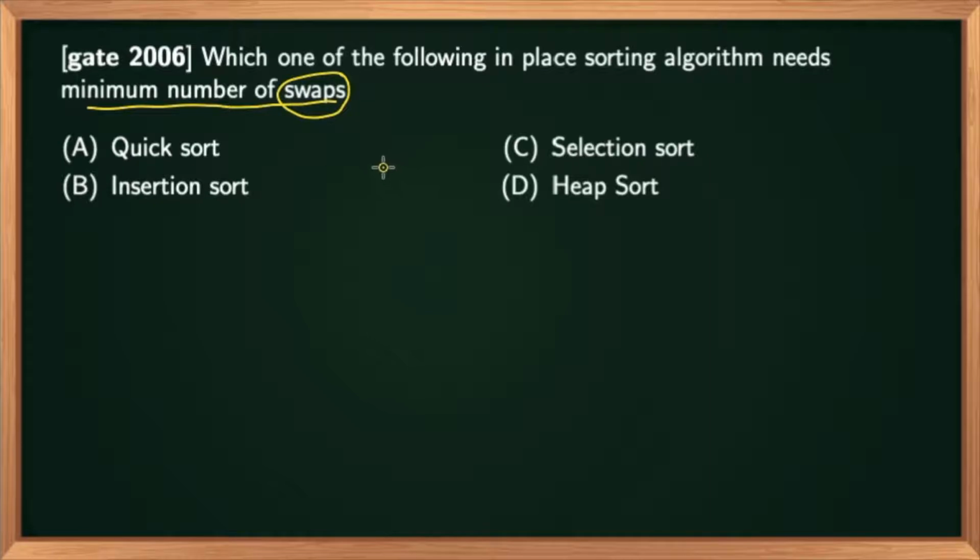As this is a direct theory question, we know that selection sort, in the worst case, takes only order of n swaps. All other algorithms are going to take more swaps, but one of the important properties of selection sort is that it needs the minimum number of swaps. So the answer is C.